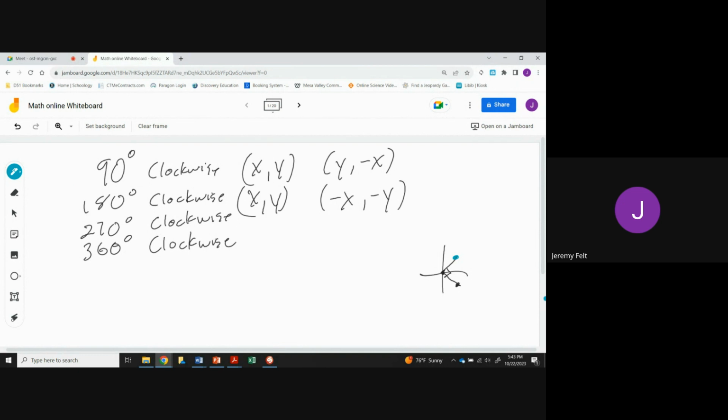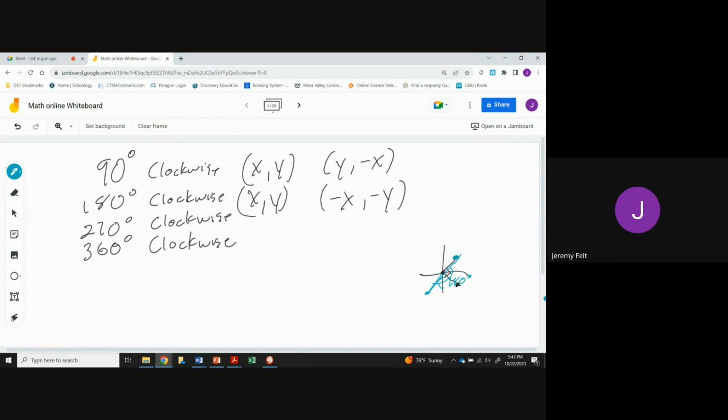If we're halfway around the clock, right or left, I end up at the same place. I do 180 degrees clockwise. Okay, if X is 2, Y is 3, well, that's going to become negative 2, negative 3.